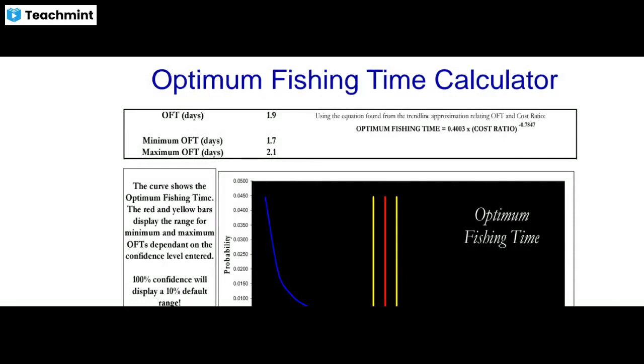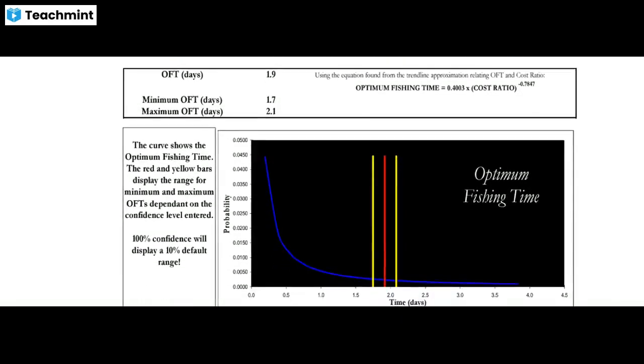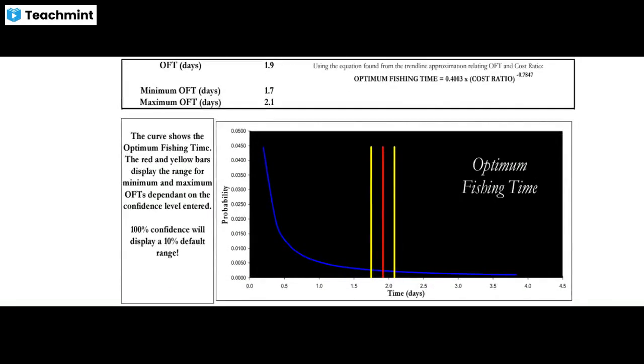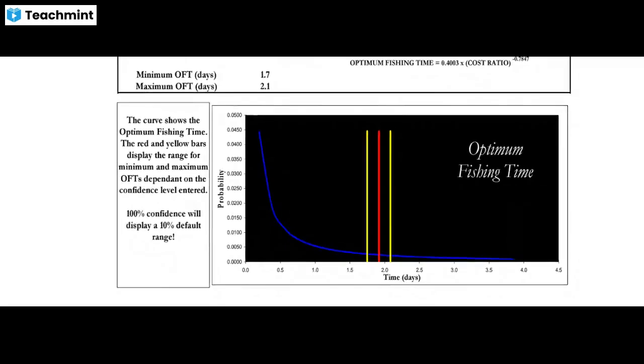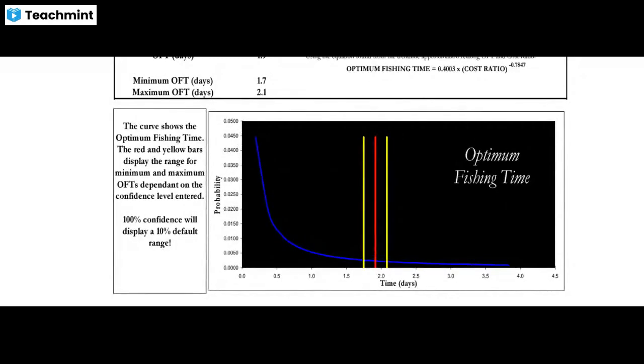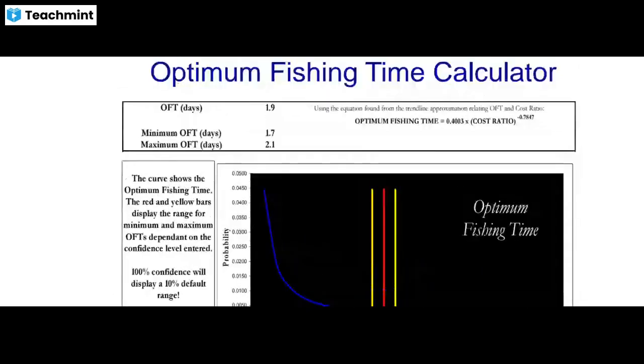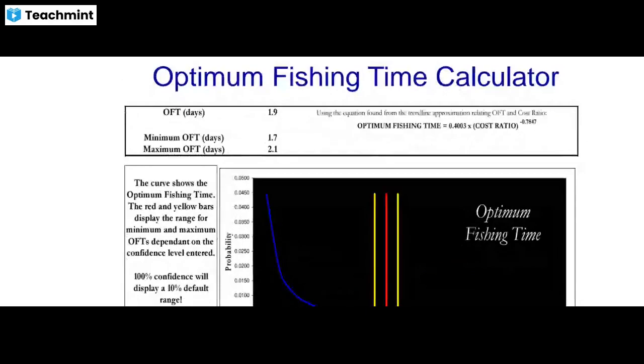So this is the optimum fishing time calculator, and you can see the curve shows the optimum fishing time. The red and yellow bars display the range for the minimum and maximum OFT depending on the confidence level entered. So this is the probability time in days. So this is your optimum fishing time calculator.